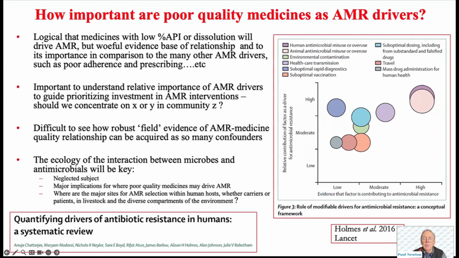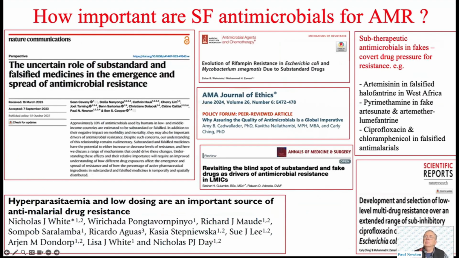But this again is largely not evidence-based. It was based on people's opinions. But a key thing will be where antimicrobials are, where the pathogens are, and where antimicrobial resistance is first happening and how it spreads.